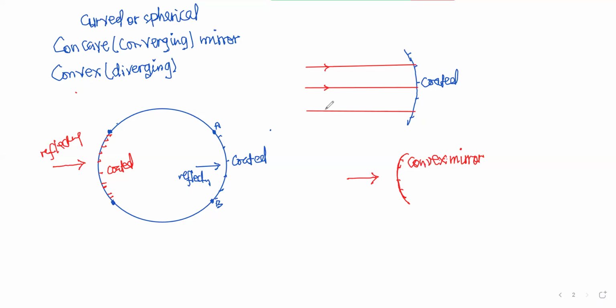So when you incident a parallel beam, which is very close to a line known as the principal axis, on parts of the spherical mirror, this mirror has the ability to converge all the parallel beams and bring them to a common point. So concave mirrors converge parallel beams of light. It is for this reason that a concave mirror is also called a converging mirror.